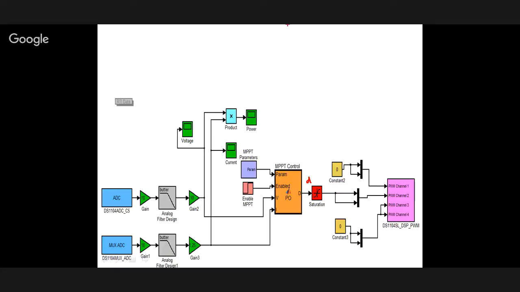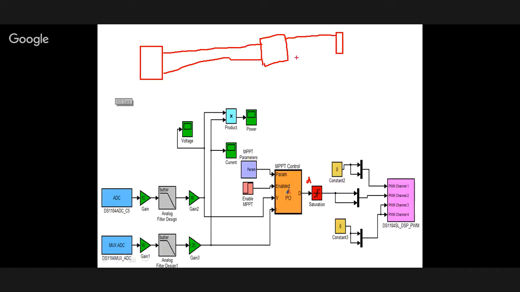Can you get it? So here, say this is your buck converter, then you have the PV here and your load here. Okay, so here we connected this to the PV and this to the load.